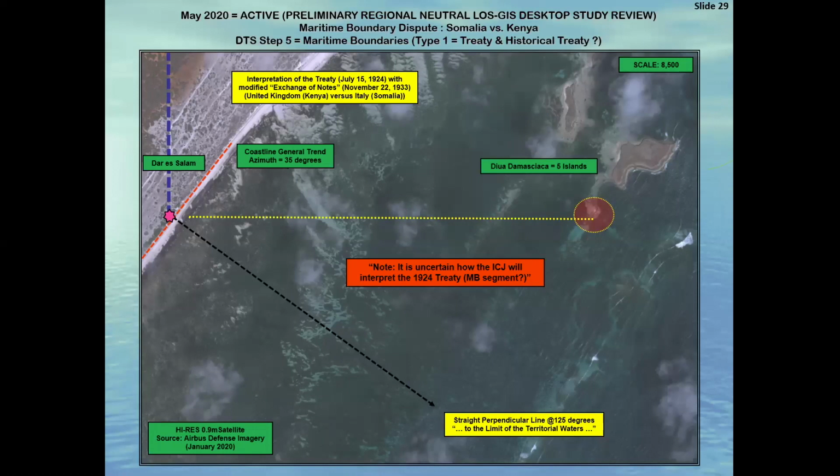Now, Somalia and Kenya may be in agreement that the treaty did not delimit any maritime boundary, but the ICJ can be expected to do its own analysis and interpret the treaty according to the established rules of treaty interpretation codified in the 1969 Vienna Convention on the Law of Treaties, which is binding customary international law for Somalia and Kenya. And the starting point for interpretation is the ordinary meaning to be given to the terms of the treaty in their context and in the light of the treaty's object and purpose.